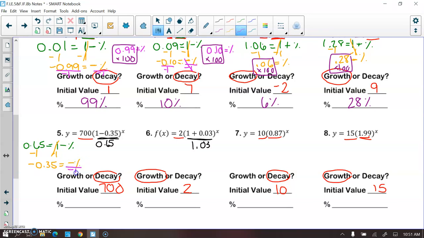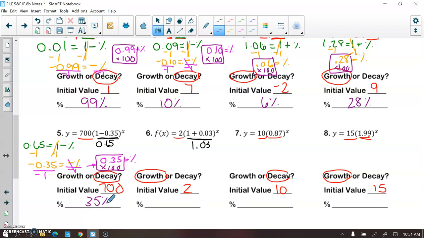I'm now going to divide by negative 1 on both sides, and I get my percent expressed as a decimal as 0.35. Since percent is out of 100, I now multiply my decimal by 100 to get 35%.